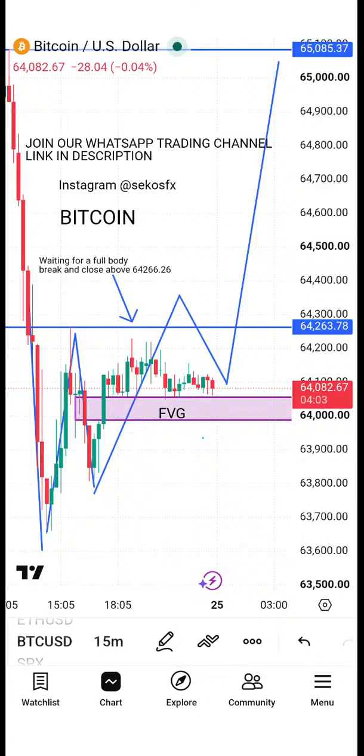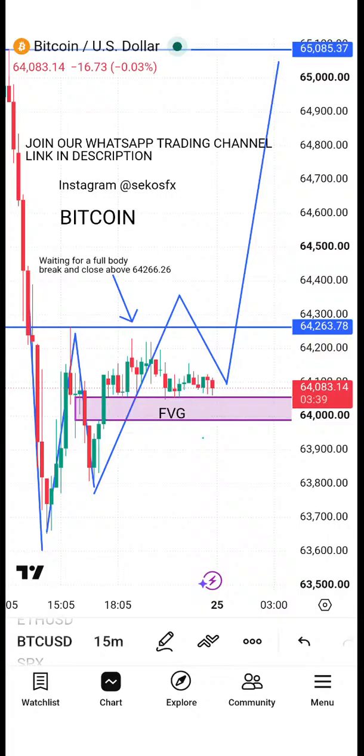What you see on my chart are trend lines. This is what I'm expecting. I'm not saying the market will move according to how I placed these trend lines, but it's what I'm expecting Bitcoin to do.